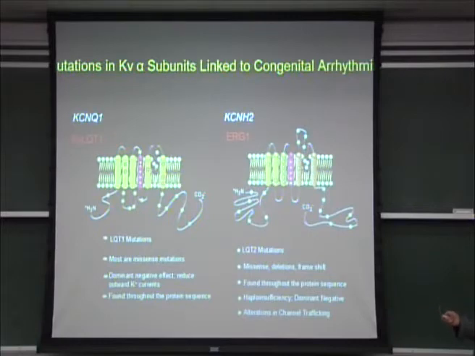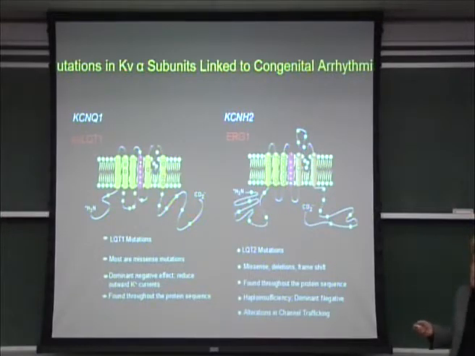So there are two long QT syndromes that are linked to mutations in two voltage-gated potassium channel forming alpha subunits. The first is long QT1 linked to mutations in KCNQ1 or KVLQT1. And importantly, most of these are missense mutations, and interestingly, the mutations are found throughout the protein sequence.